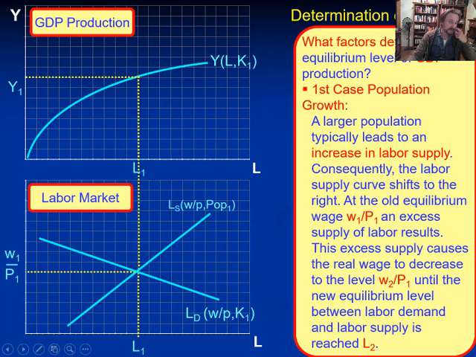As we have already seen, a larger population typically leads to an increase of labor supply. Consequently, first, the labor supply curve shifts to the right. POP2 is larger than POP1, so we have an increase of labor supply.